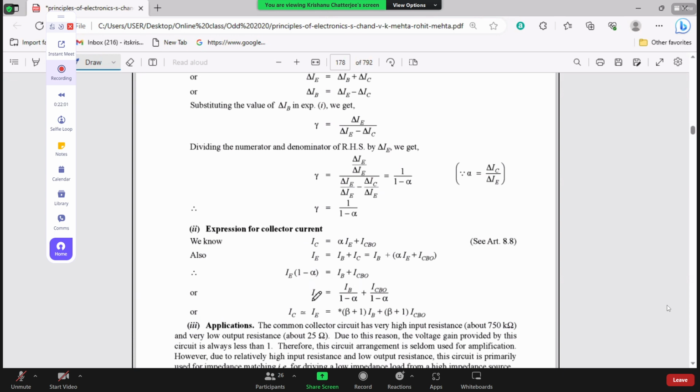So expression of IE, which is the output current, equals IB by 1 minus alpha plus ICBO by 1 minus alpha. Maximum collector current is coming from the emitter current. We can write IE equals beta plus 1 into IB plus beta plus 1 into ICBO. 1 by 1 minus alpha is nothing but beta plus 1.